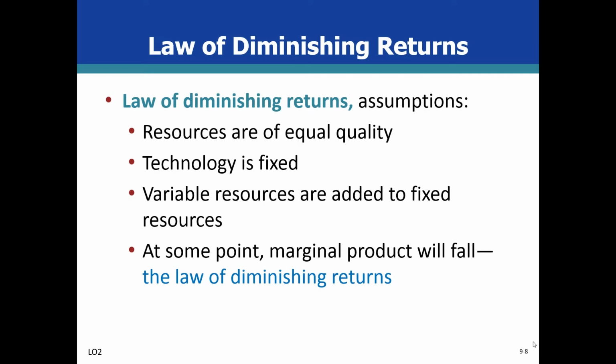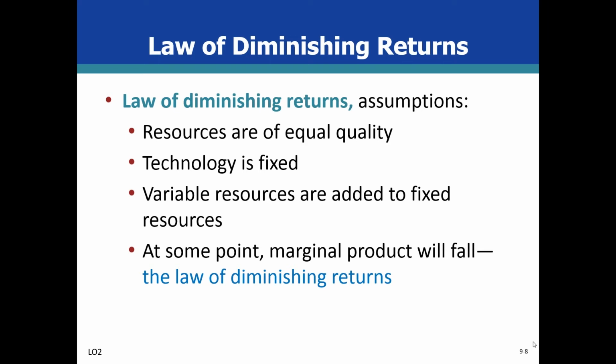Why does this happen? Because of the constraining nature of fixed assets in the short term. Think, you can only add so much labor to a process that has been defined before you start tripping over one another.